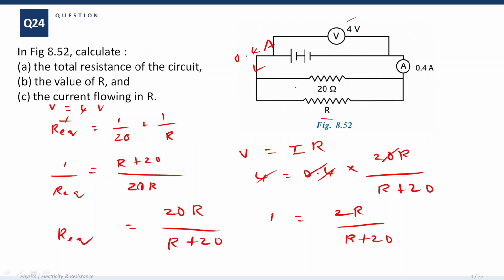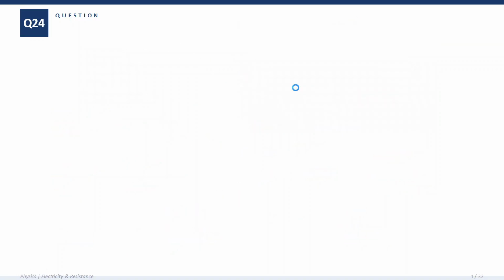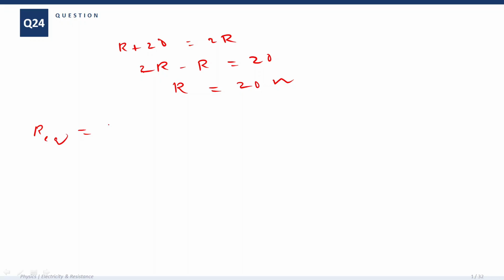So finally we found the resistance. Now let me find the total resistance of the circuit. Already we have an equation here: R equivalent equal to 20R by R plus 20. In place of R, write just 20.